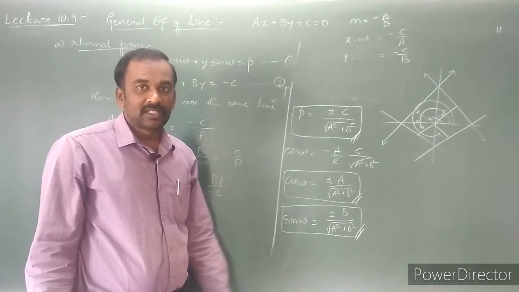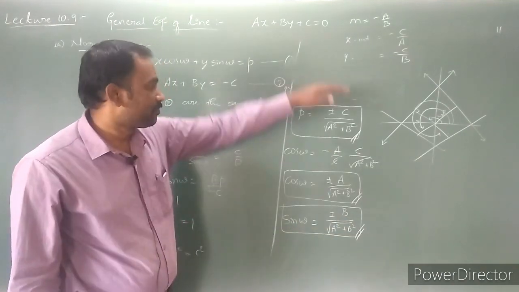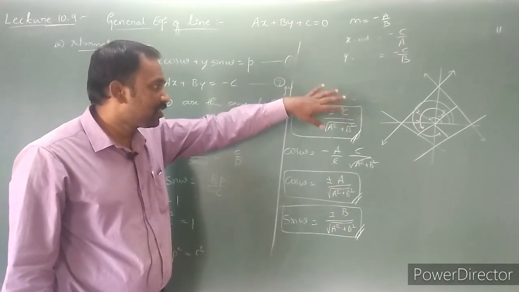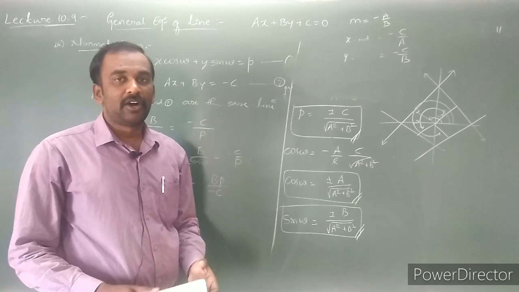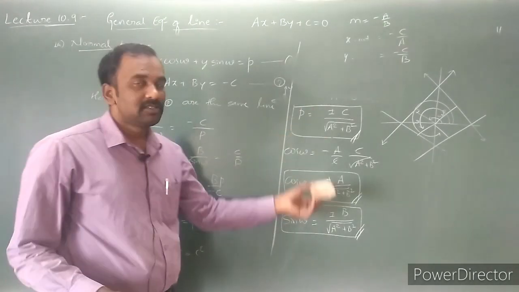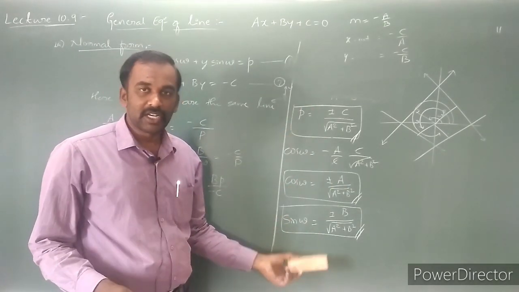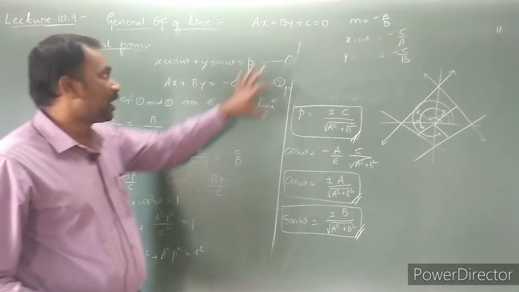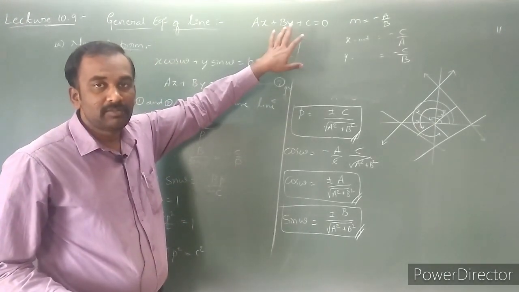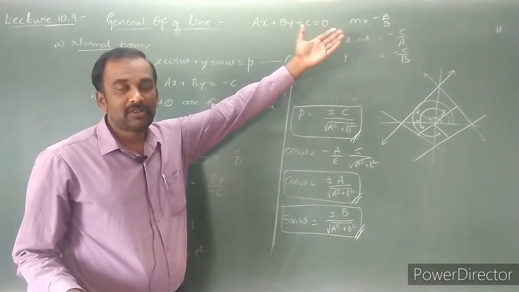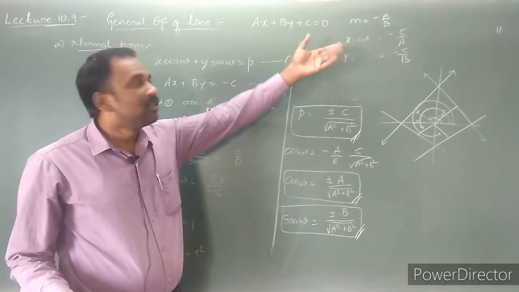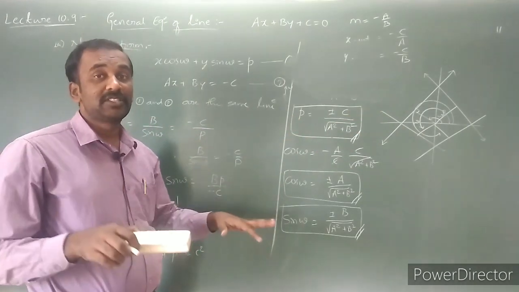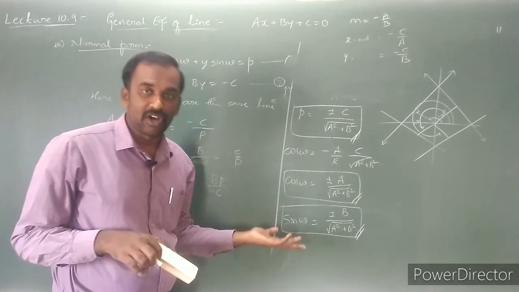I think you got a little bit of confidence. The formulas are increasing, but the simple thing is that in this manner you have to develop it based on the hint which you remember. Okay. Now we better take examples based on that. They used to give the general equation. From the general equation, they are going to ask to find the slope, find the x-intercept, y-intercept, or they used to ask to reduce the following general equation into the normal form.